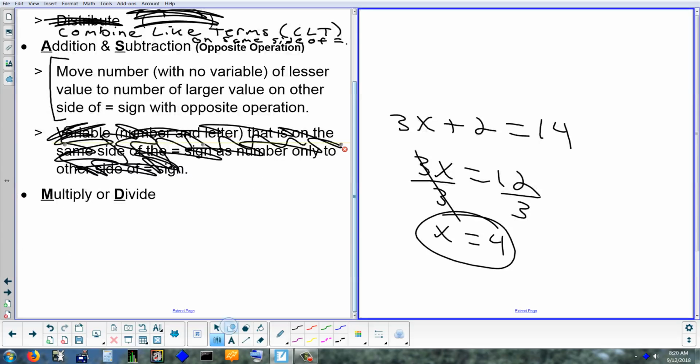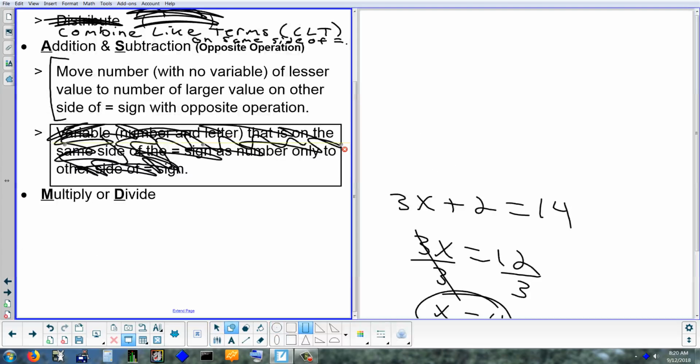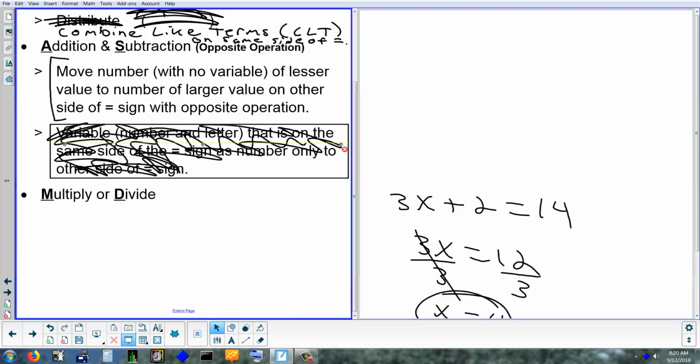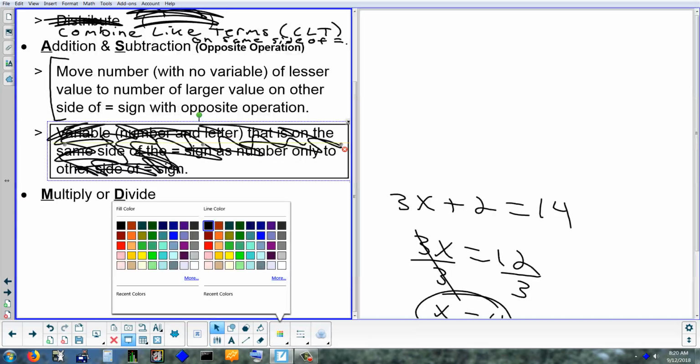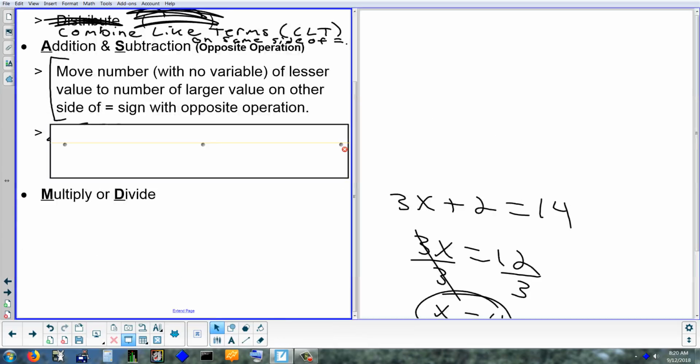So let me just see if I can try to give you something to put there. A little bit more. So, when you're doing adding and subtracting, what can we put on that line?